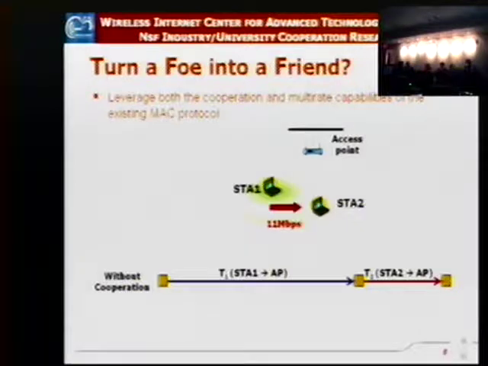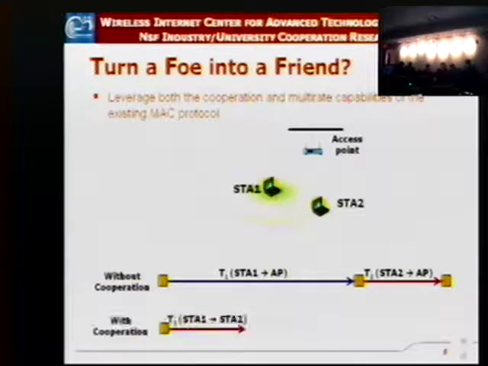So our idea is, instead of transmitting from station 1 directly to the access point at a low rate hop, why not transmit in a fast hop to station 2 and then retransmit the same packet from station 2 to the access point?